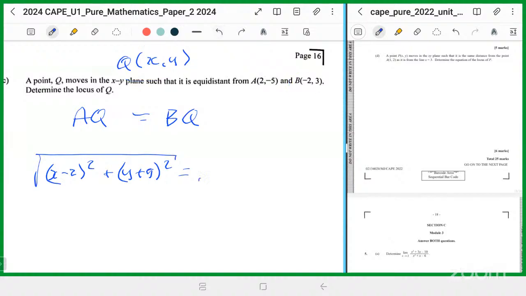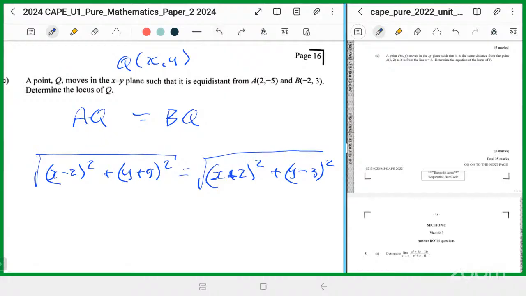Same thing: square root of (x minus negative 2, which is x plus 2) squared plus (y minus 3) squared. We can drop the square roots now, square both sides.